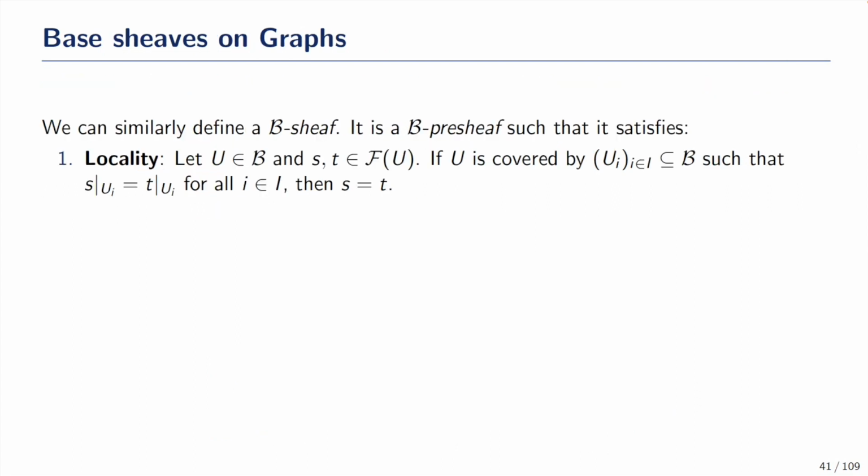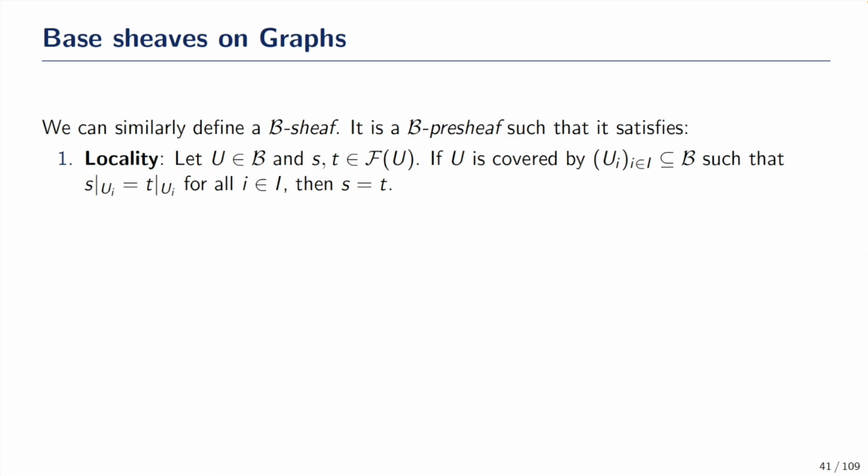Now, similarly to how we have these base presheaves, we can also have base sheaves, which again is exactly the same definition. It's just that now we only look at open sets in this basis, so we forget about other open sets. Again, locality, same definition as before.